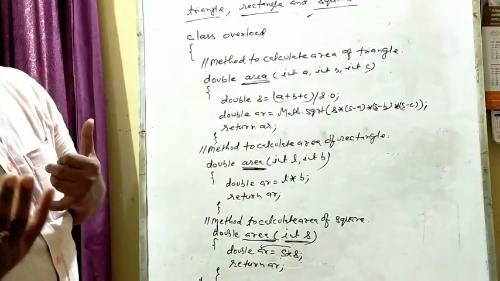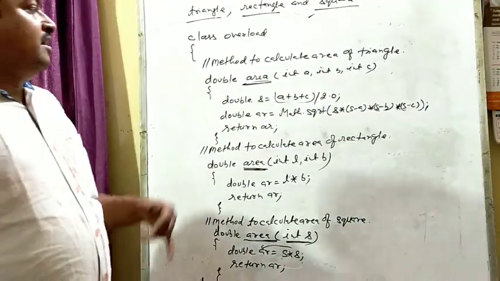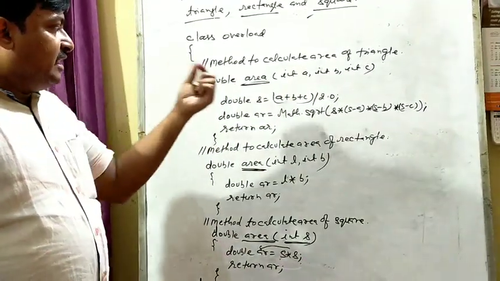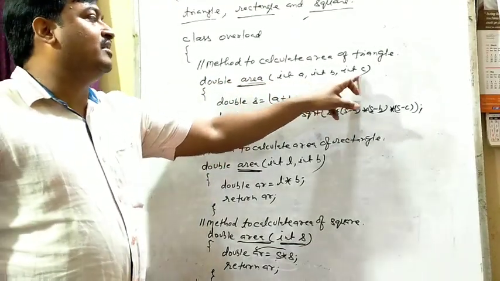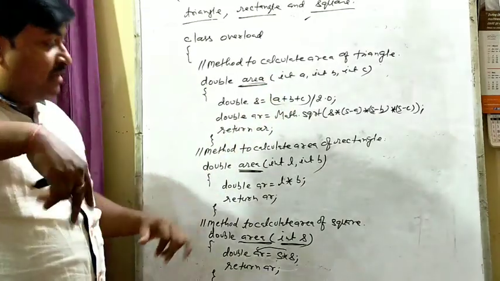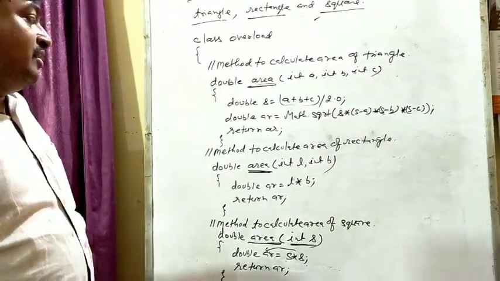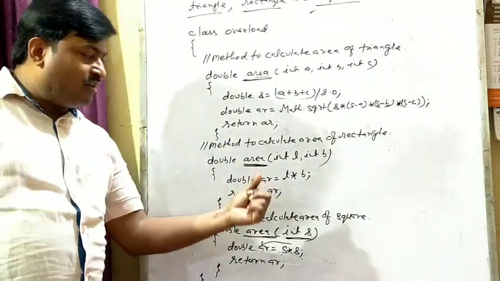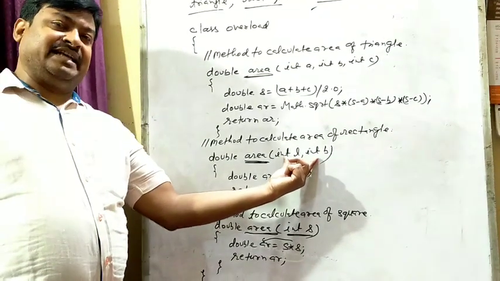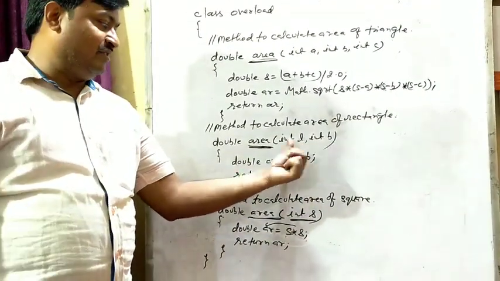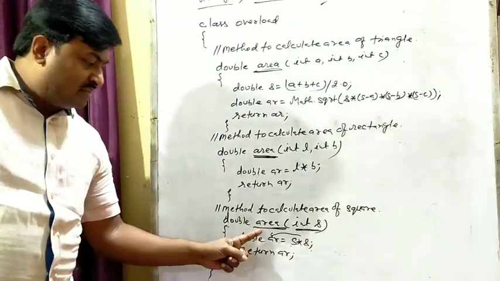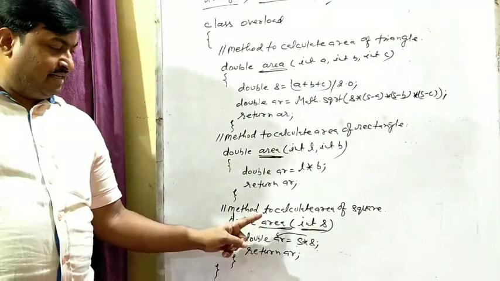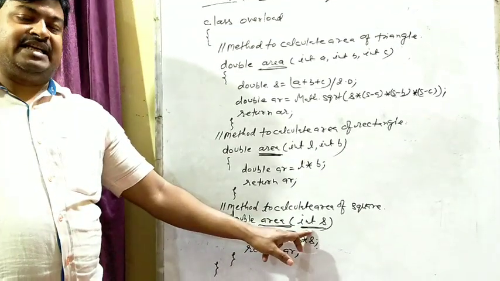If we pass 2 values, this function will be called because it can accept 2 parametric values. If we pass only 1 value, that time this function will be called because it can accept only 1 parametric value.